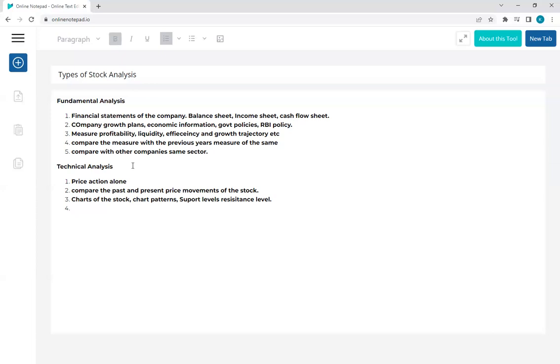So an investor should always try to include both fundamental analysis and technical analysis. Fundamental analysis tells which company to buy, and technical analysis tells when to buy and when to sell. That's the reason neither is more or less important; both are equal. So it is better to have both analyses before taking any decision of buying or selling a stock.